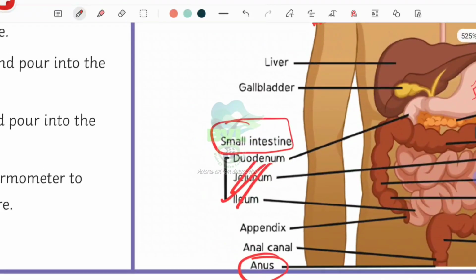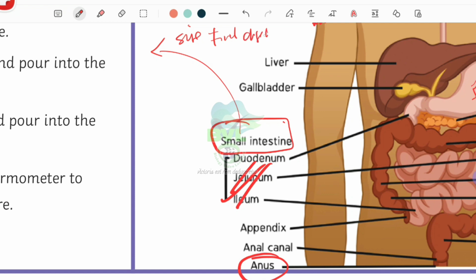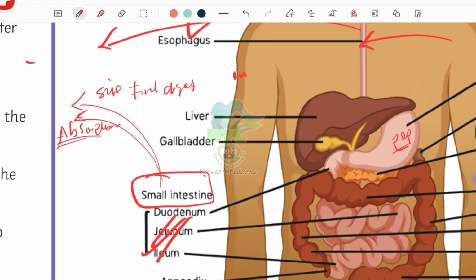The next thing you want to know is the small intestine. The small intestine is the site of final digestion, and also the site of absorption. This is very important. Before I talk about digestion and absorption, let me say something here.